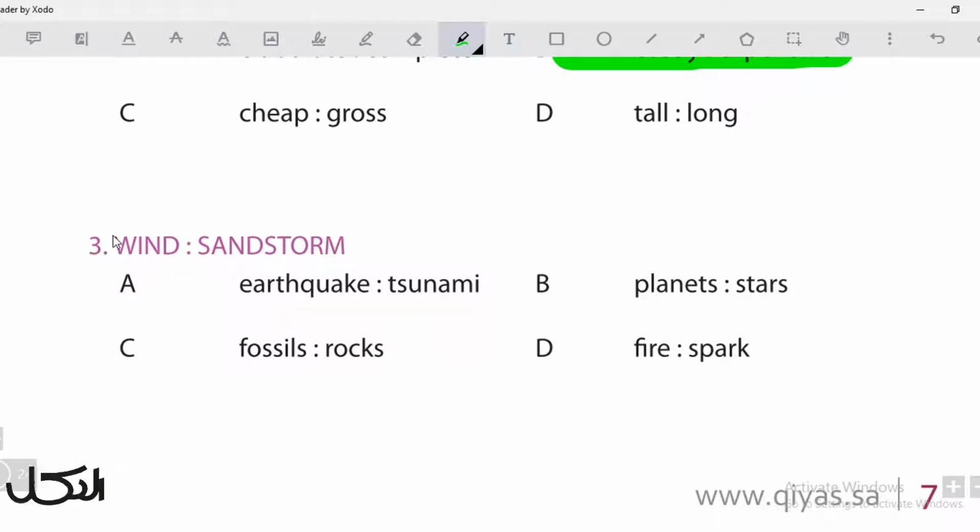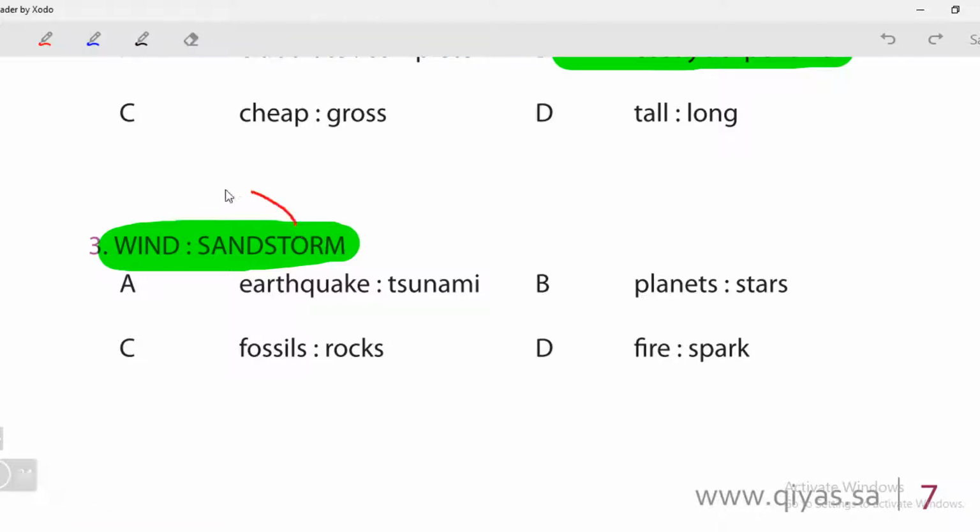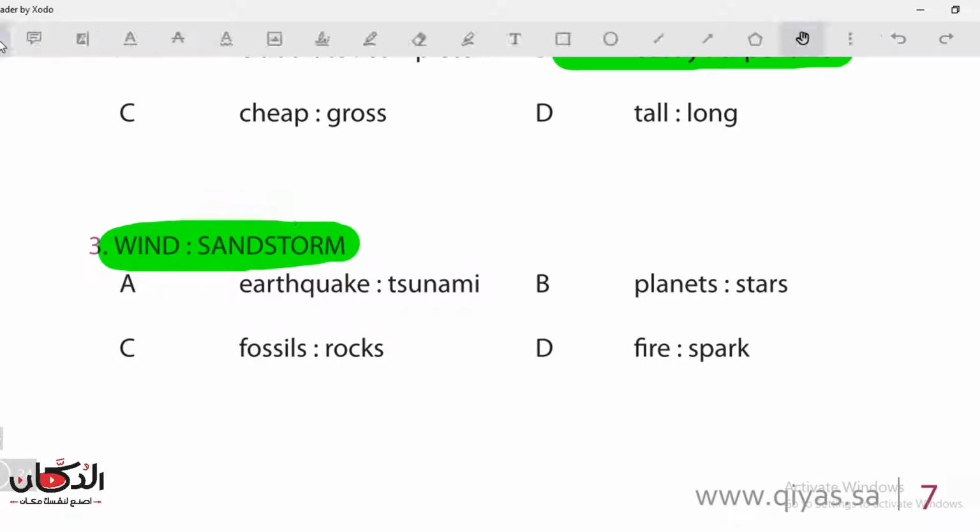Number 3: wind and sandstorm. Who can find the relationship between them? You can say that before a sandstorm there is wind, or a sandstorm is accompanied by winds. Also, planet and stars?